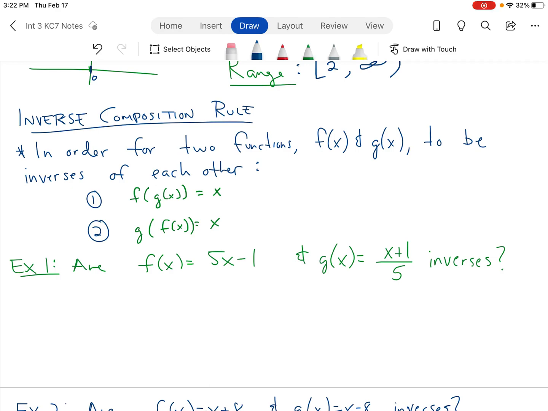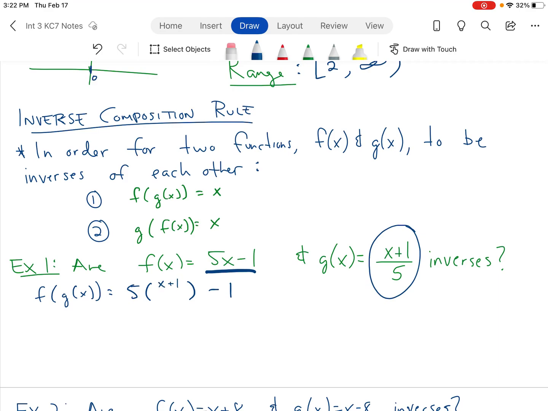Okay, so I want to figure out if f of x equals 5x minus 1 and g of x equals (x plus 1) over 5 are inverses of each other. The first thing I want to do is f of g of x. What that means is I am going to look at my function, 5x minus 1, right? 5 times x, minus 1. But instead of x, I am going to plug in all of what g of x is equal to.